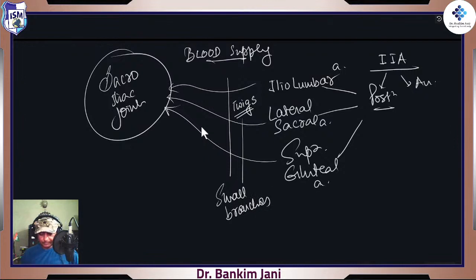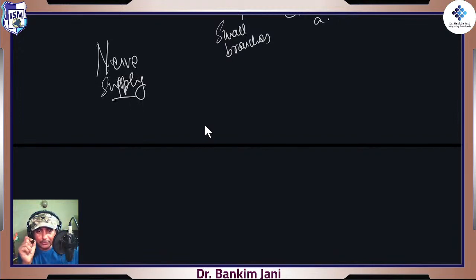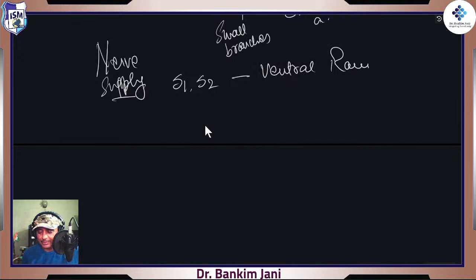What about the nerve supply? And this is pretty interesting. The nerve supply would be from the ventral rami, right? When we say S1, S2, ventral rami, how easy it becomes.